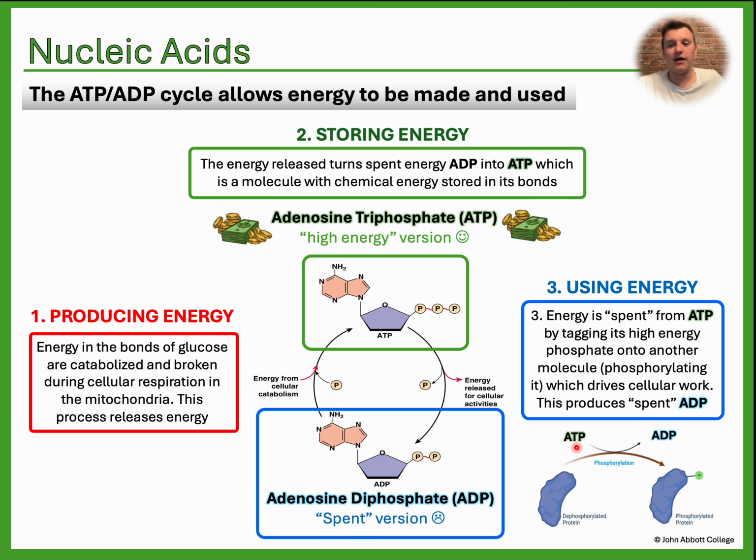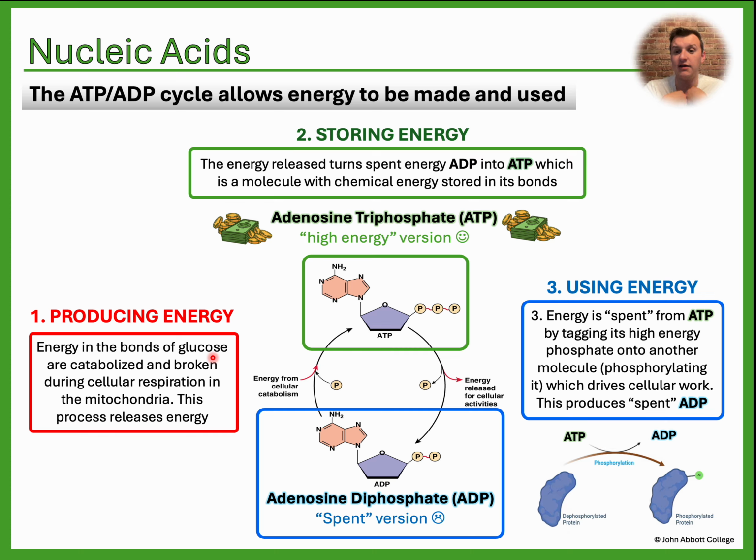So I want to talk about the ATP-ADP cycle because this allows energy to be made and used in our body. So the first thing is over here, right? When we produce energy in the bonds of glucose, we eat glucose, right?